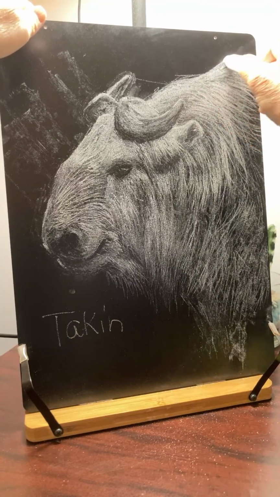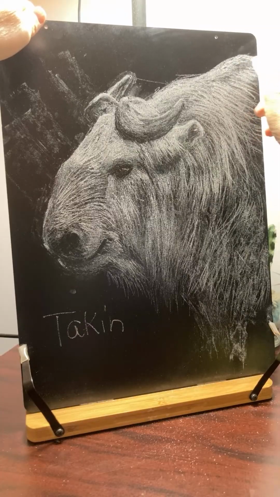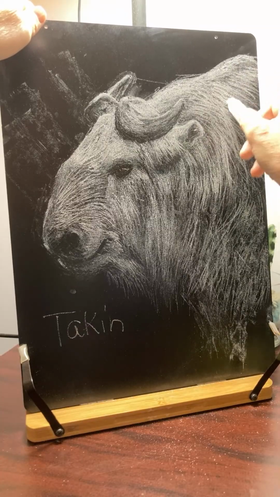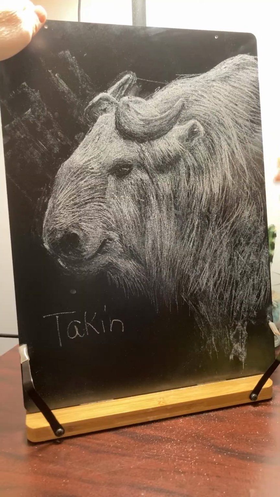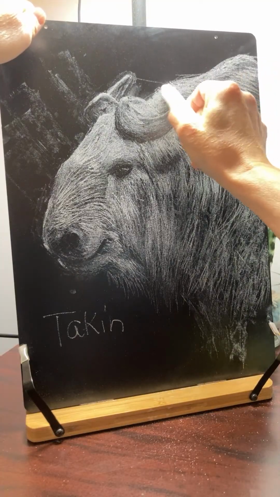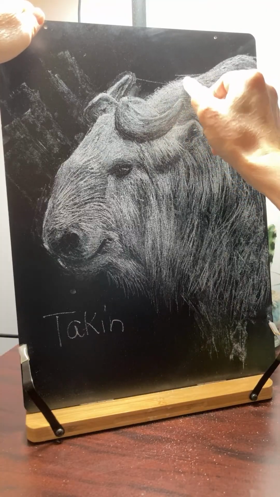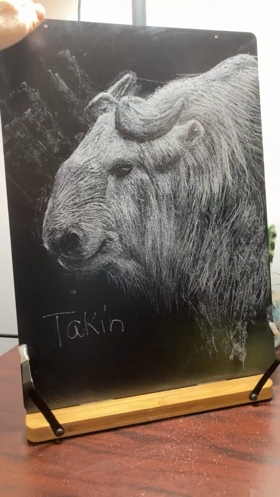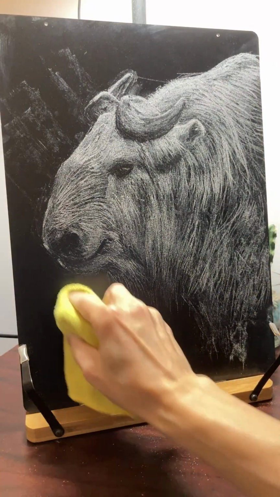But for me, this takin is much easier because her whole body is covered with hair, so you don't see a lot of facial expression structure there. They are all covered by hair. So you just draw the shape. It looks like a goat, and that's enough. All right, so this is the hairy takin from the mountain or the very cold area.